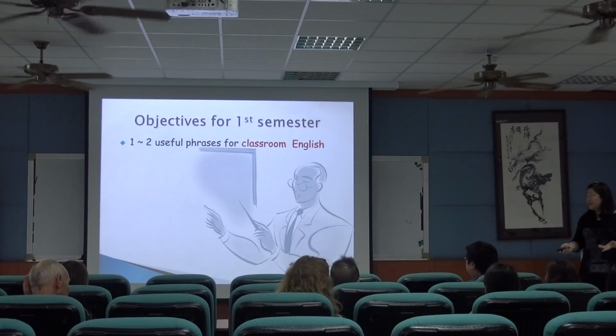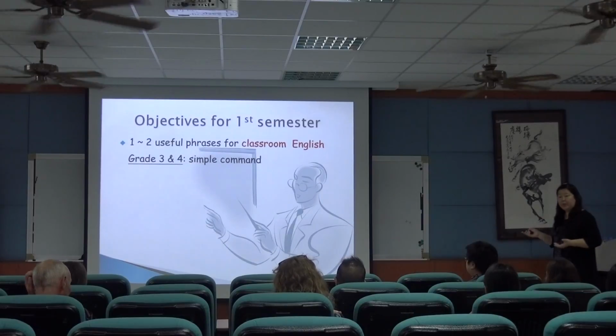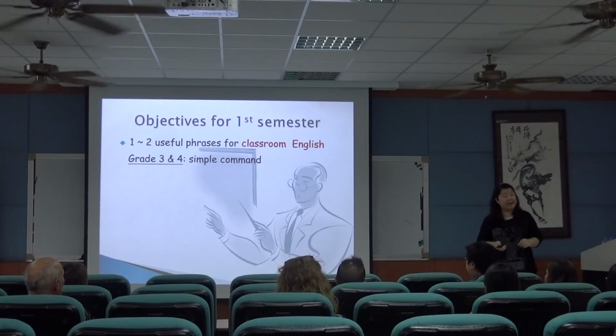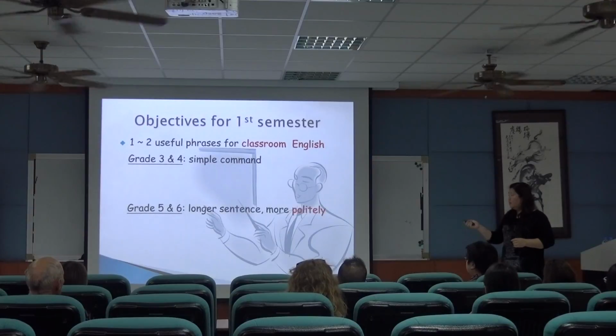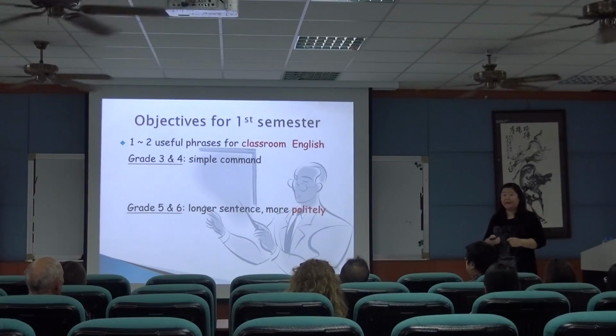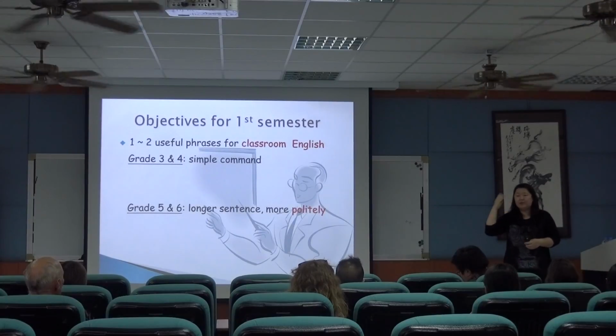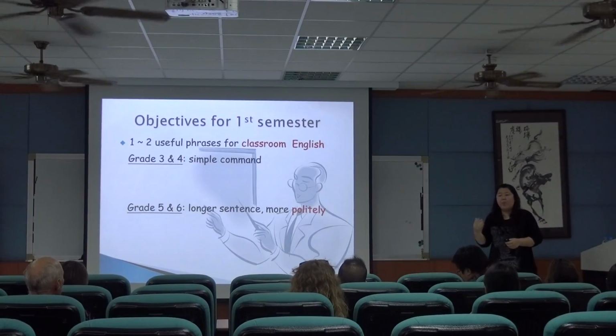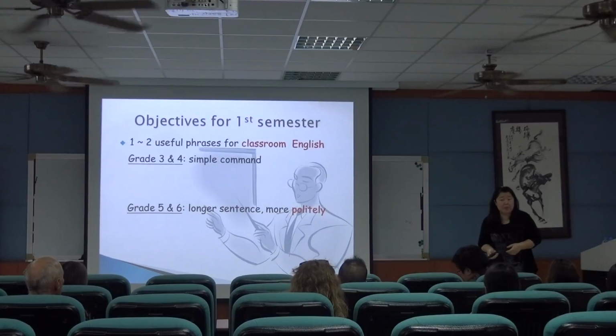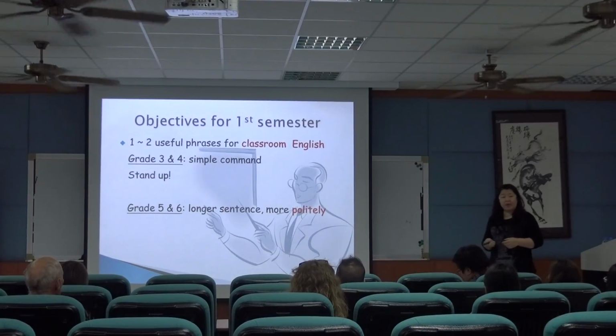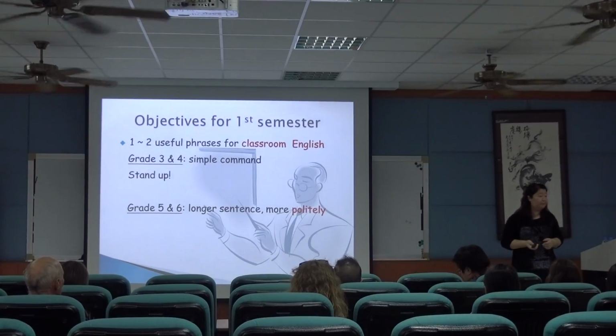And then for the classroom English, because this is the first year, I try to put similar things together in different ways. For grade 3 and 4, we give them very simple commands. Later I'll give you the example, but for grade 5 and 6, we want to make them not only listen to the command, but also in a more polite way. For example, for grade 3 and 4, we tell them to stand up.